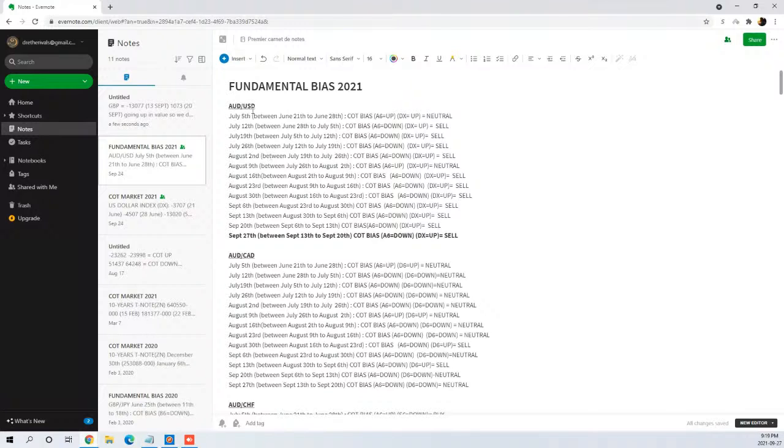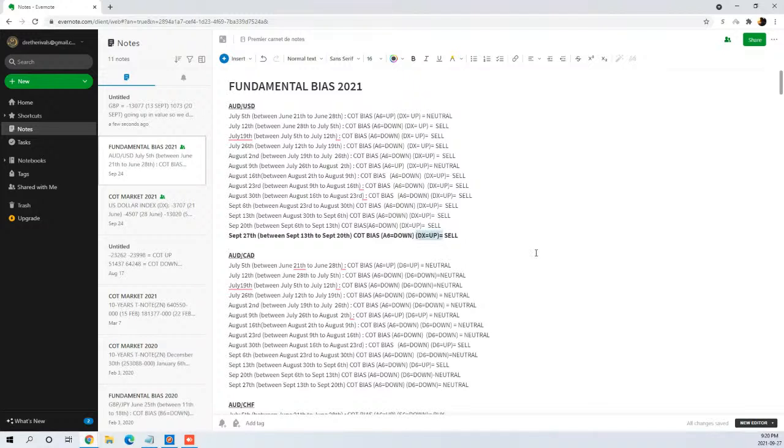First pair, we have AUD USD. We're looking to sell. Why? Because the Australian dollar for the week is going down based on the data. And at the beginning, like I said, the dollar since June is still going up.